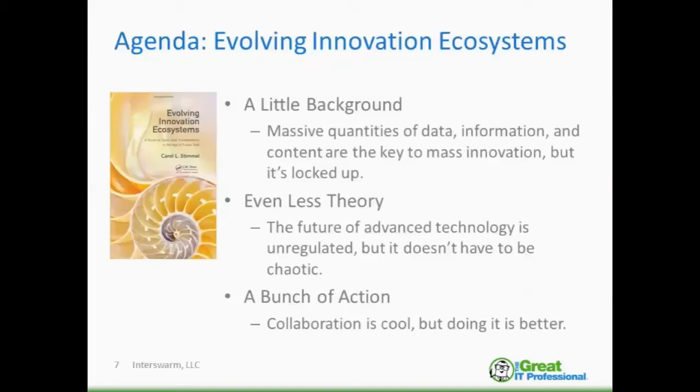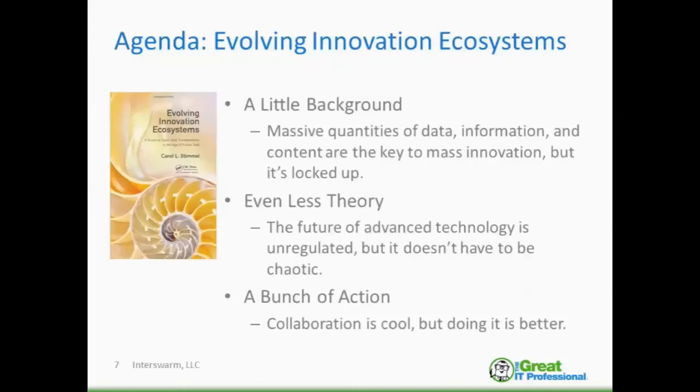So we all know about the reams of data that we're dealing with now, information and content. We understand that data is really the key to mass innovation, but it's not always clear what we can use, what we should be using, and how to get what it is that we think we need.